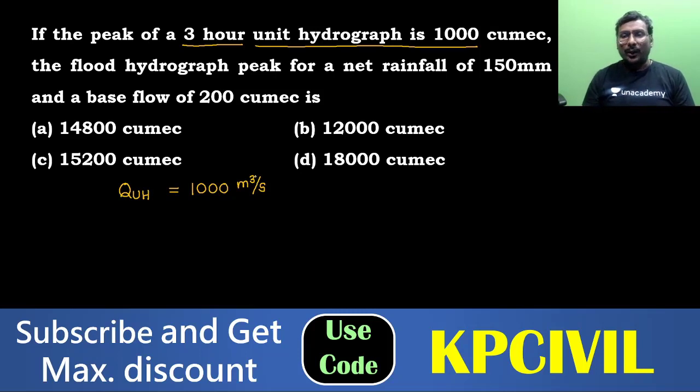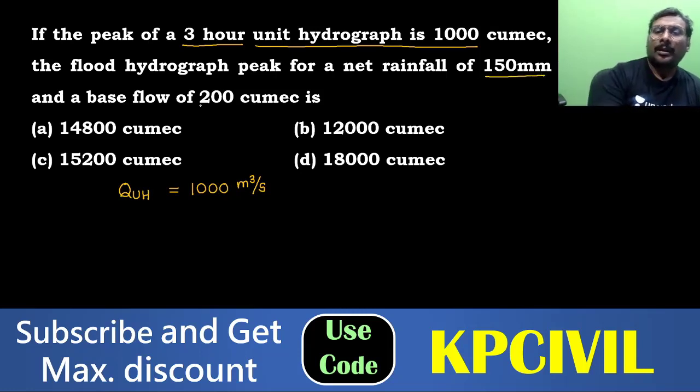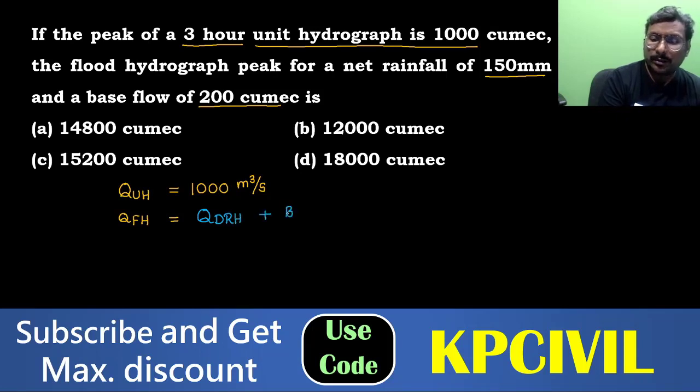The flood hydrograph peak for the net rainfall of 150 mm, base flow of 200 cubics. What is QFH? What is formula for QFH? QFH is equal to QDRH plus base flow.